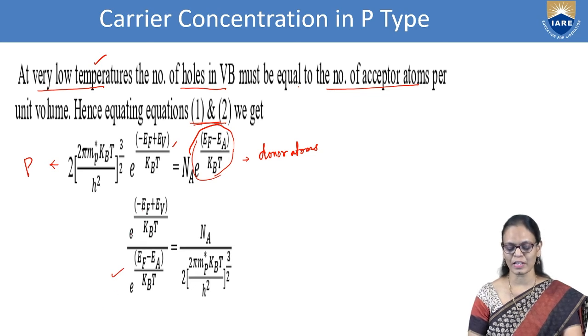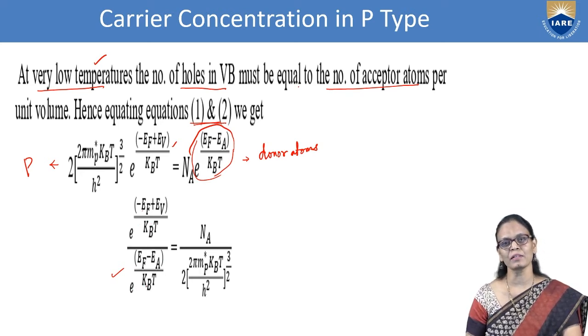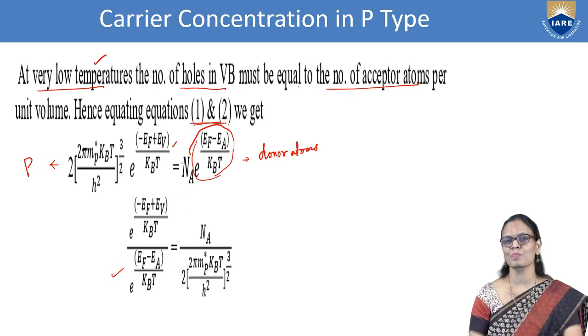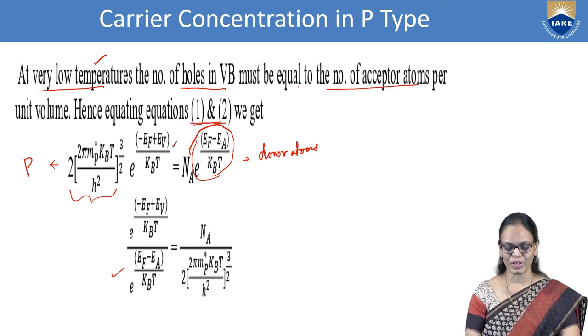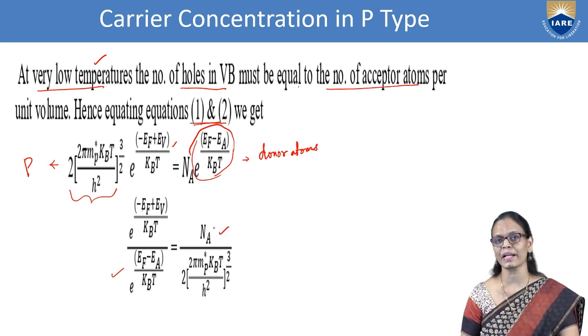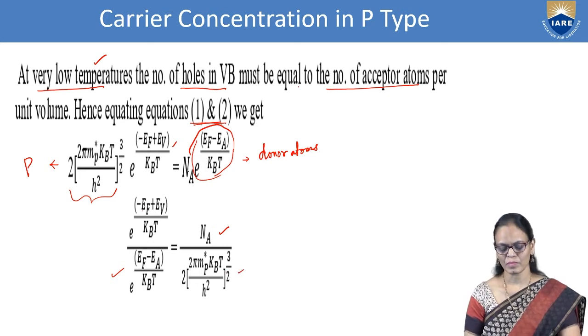We are just transposing the terms. Now this term comes onto the right hand side into the denominator, so we have Na on the right hand side with this term in the denominator.